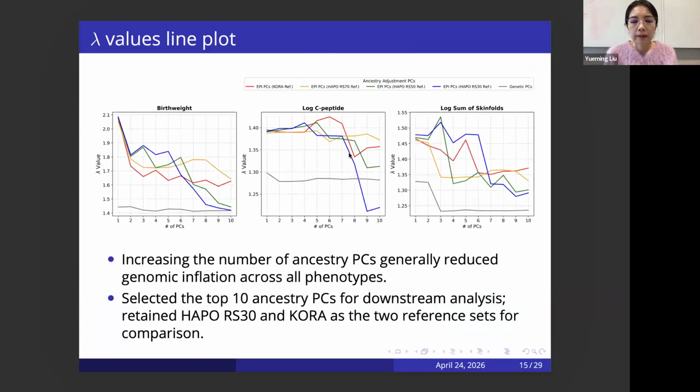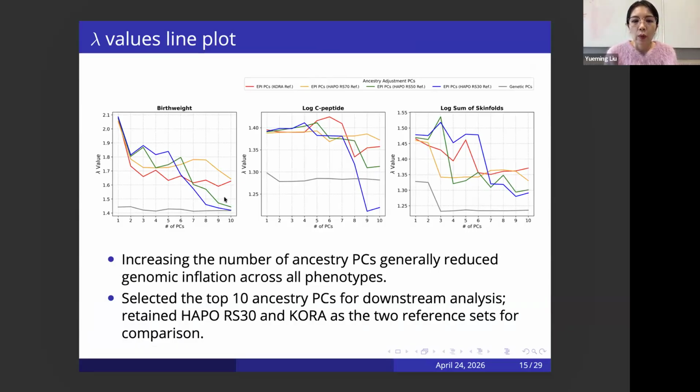Here are the lambda value line plots for 3 phenotypes. We can see that for all the phenotypes, increasing the number of ancestry PCs generally reduces the genomic inflation. So in the downstream analysis, for each reference set, we only keep the model that includes the top 10 ancestry PCs.